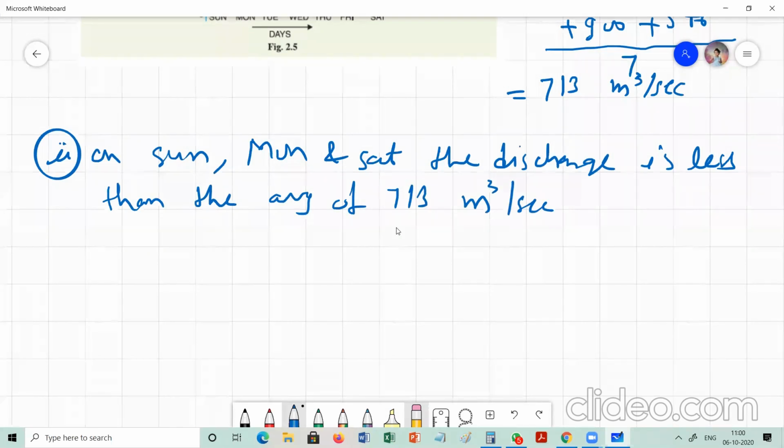So first we calculate how much volume is available on these 3 days, and then we will calculate how much extra water we will require.